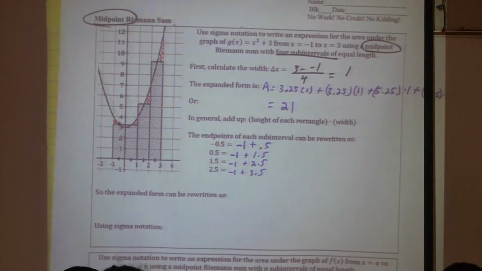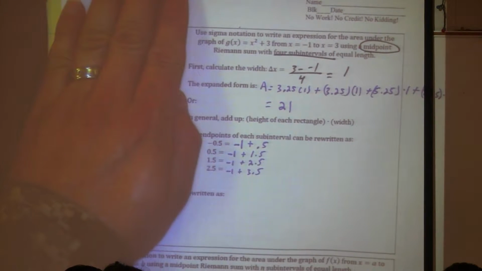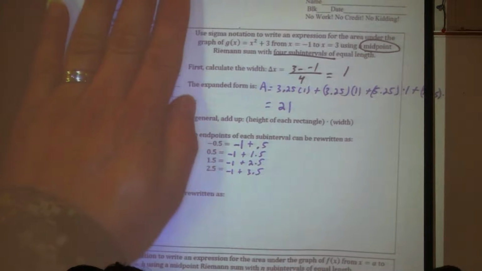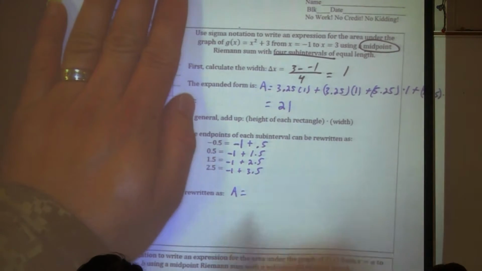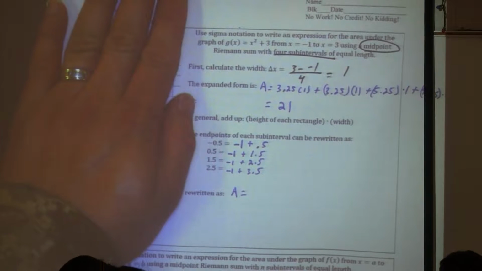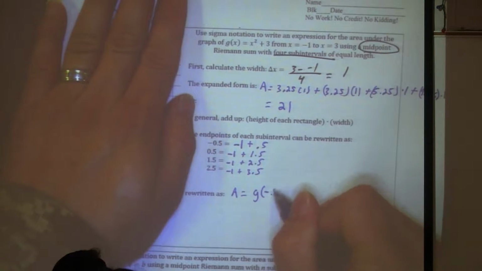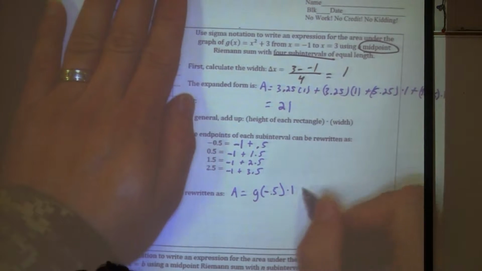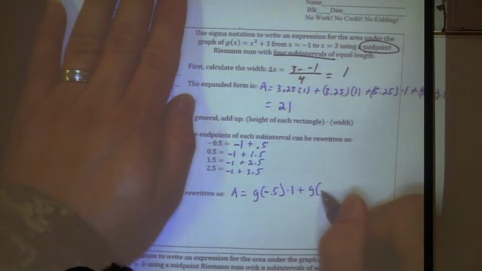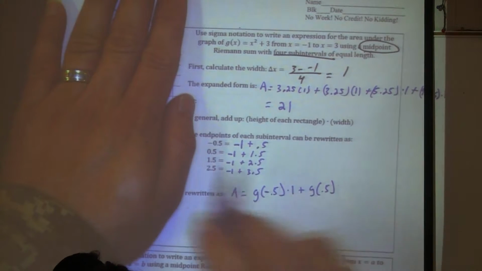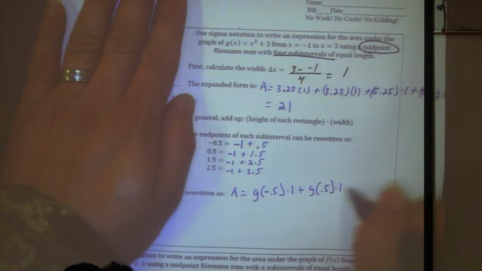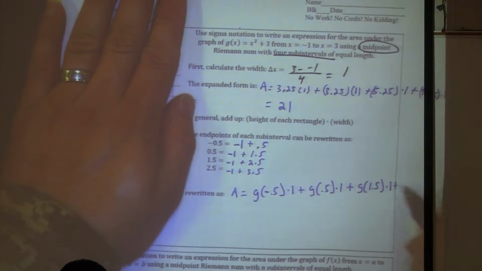Alright. So what would be the formula rewritten if I didn't have a graph? In expanded form using the function. What would it be? This is like if I already knew the summation formula and I expanded it to work it out by hand. It would get g of what? Negative 0.5 times 1 plus g of 0.5 times 1 plus g of 1.5 times 1 plus g of 2.5.